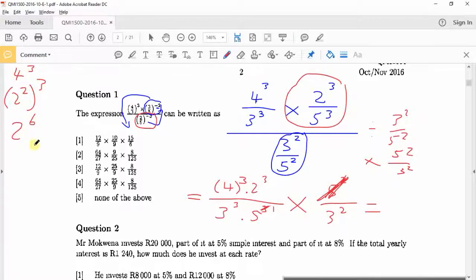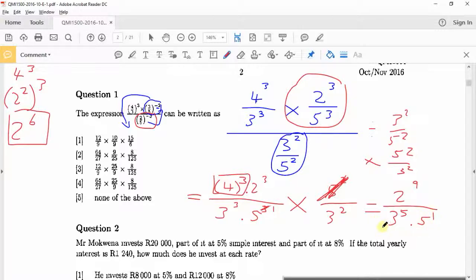Does that make sense? Yes. So I can write 2 to the 6 here. 2 to the 6 plus 2 to the 3 gives you 2 to the 9, over 3 cubed and 3 squared is 3 to the 5, and then 5 to the 1.